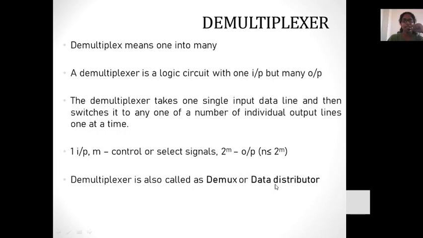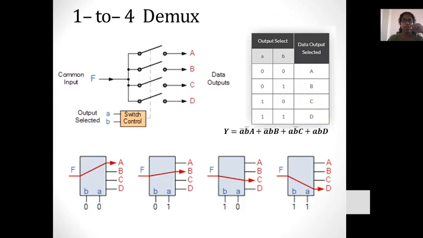So let's see. It's very easy to understand. Let's see one by one. First of all, we have to see the 1 to 4 demultiplexer. From the term itself, 1 is the input and 4 is the output. So let's see how such a demultiplexer works. You just see the first diagram that I am pointing.